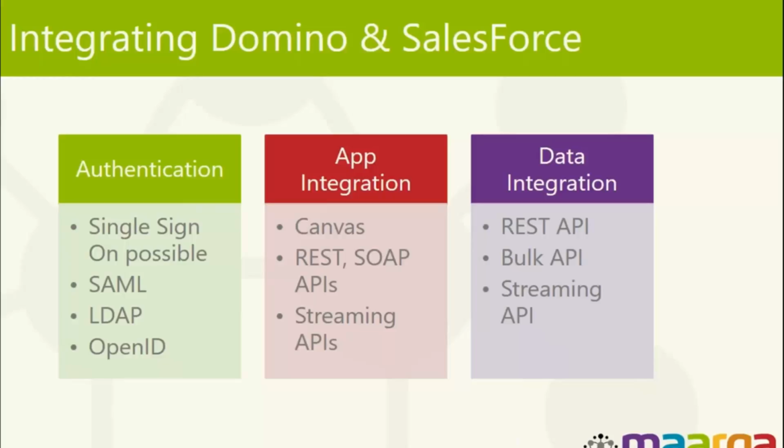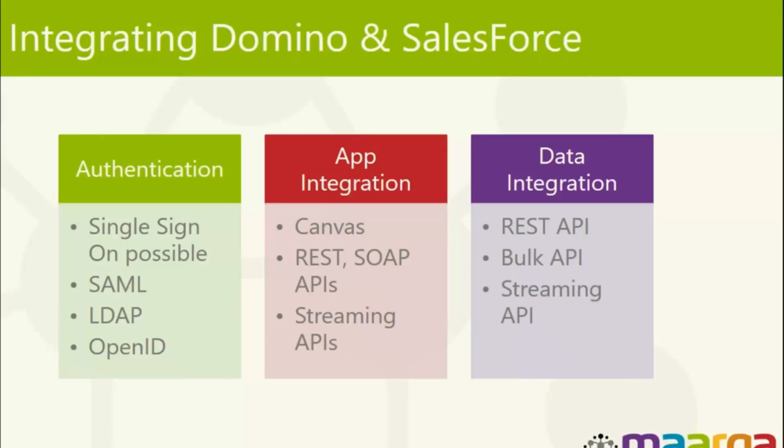You could host that, for example, on Heroku, which is a platform where you could scale your application pretty easily. Because you have these API integrations with both Domino and Salesforce, you could build a fairly rich application using these APIs. The third option, of course, is where you're not doing any functionality-level integration.